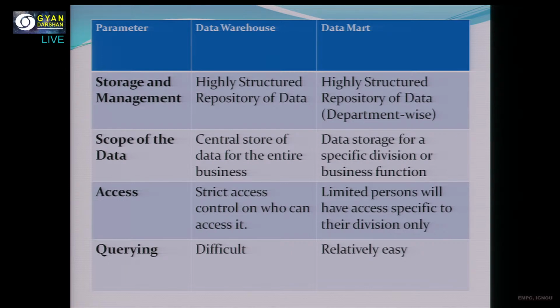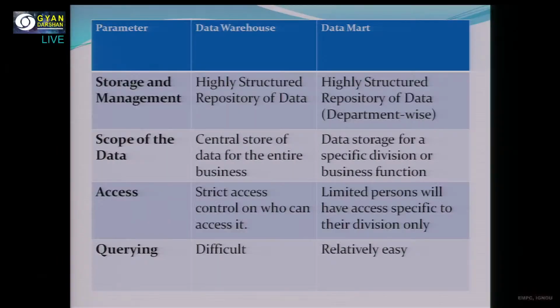When we come to the parameter called access or privileges issued to the users, strict access control needs to be given to the whole data warehouse. Why? Because this is a huge repository, and there may be several employees working with the data warehouse by placing queries.